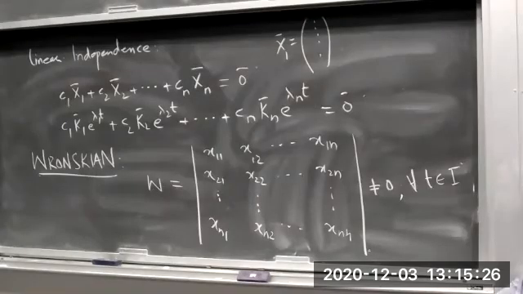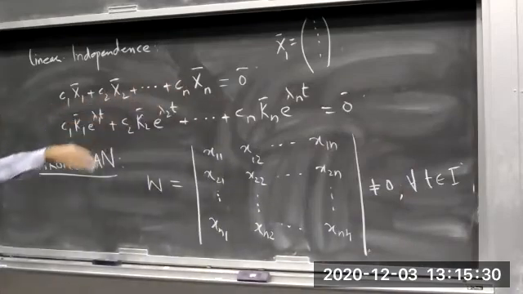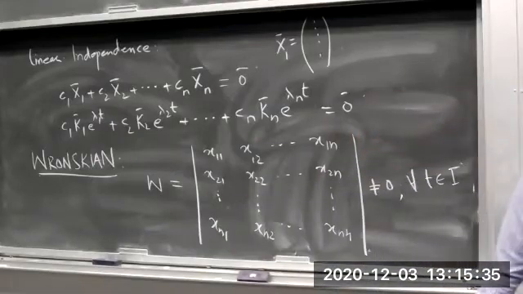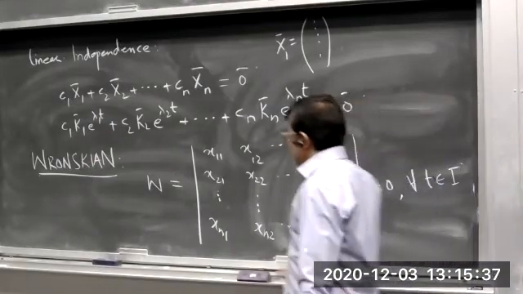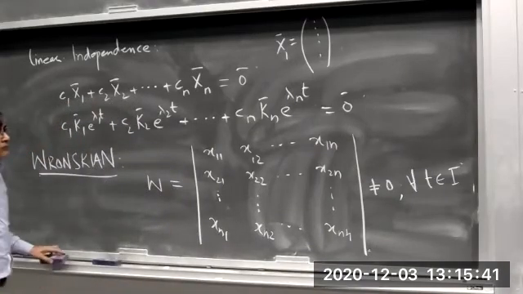If this Wronskian is non-zero for all values of t, then we say that x1, x2, so on xn, they are linearly independent. If they are linearly independent, then we can write the general solution by using this principle of superposition. How can we write the solution?